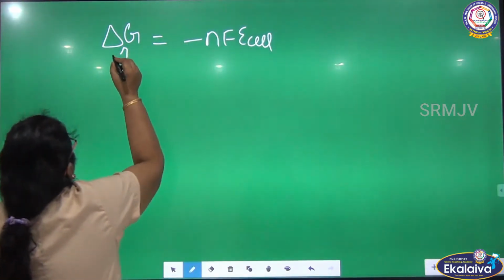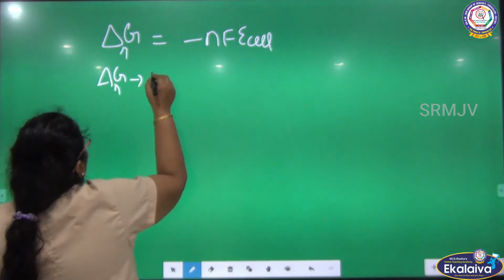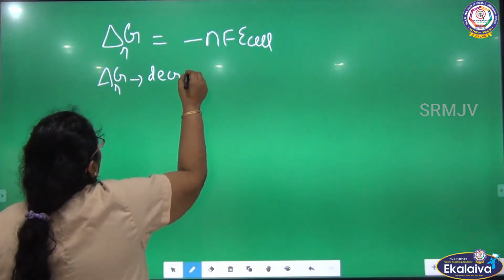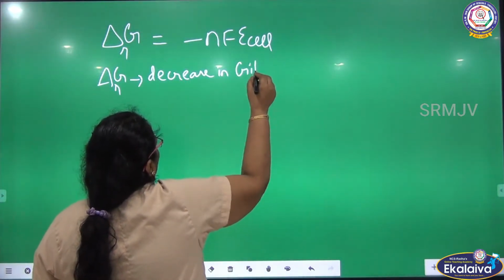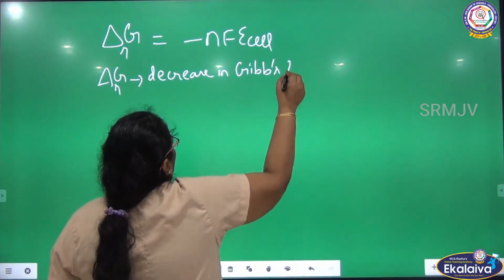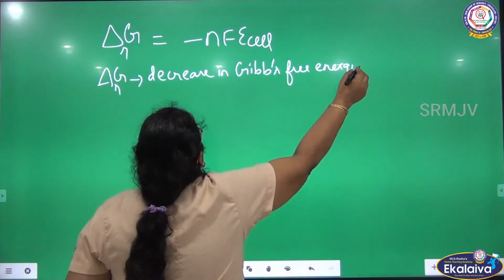Let me look at the quantities. What is delta G? The decrease in Gibbs free energy.